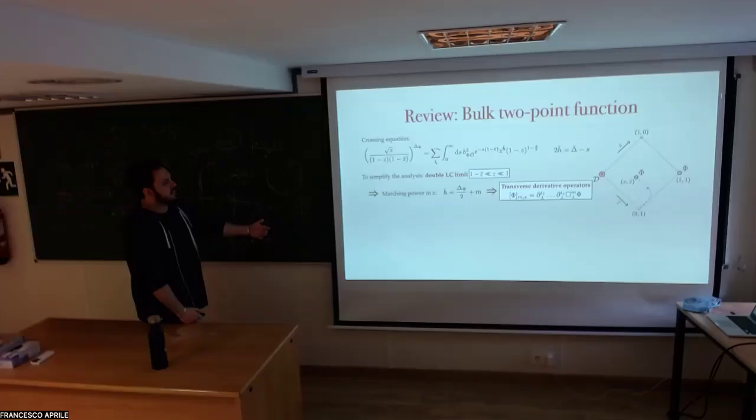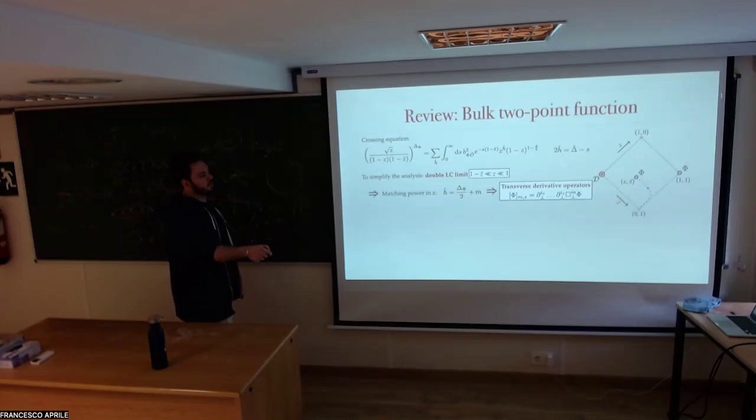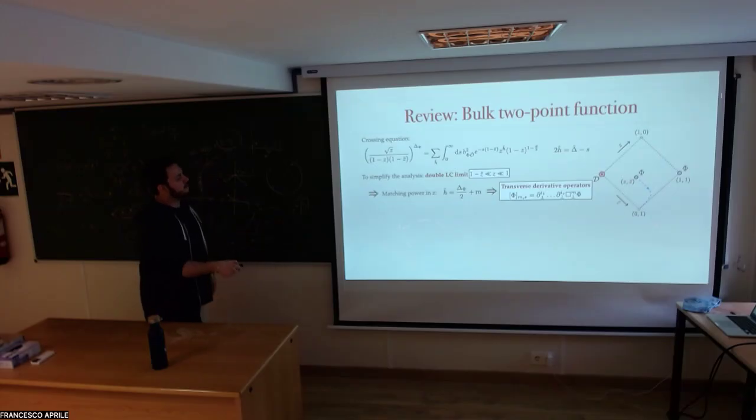To simplify the analysis, we can take an additional limit, which is z to 0, and this is called the double lightcone limit, because we are not only taking this to the lightcone of the other bulk operator, but we are also bringing this to the lightcone of the defect itself. So this is the double lightcone expansion. And by matching powers in z order by order, we fix the defect spectrum of the operators that are exchanged in the defect channel.